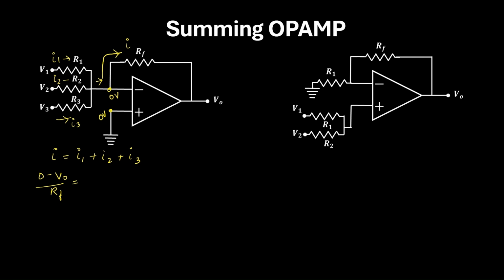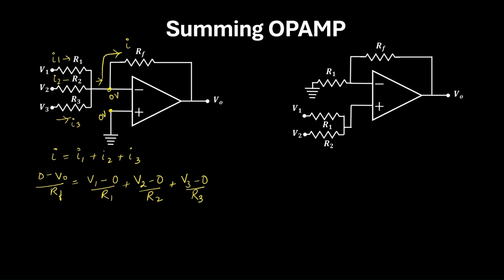I1 we can express as V1 minus 0 divided by R1, plus I2 is V2 minus 0 by R2. Similarly, I3 is V3 minus 0 by R3.